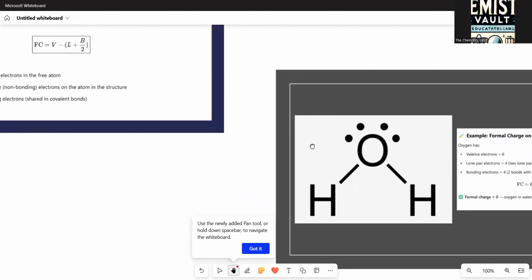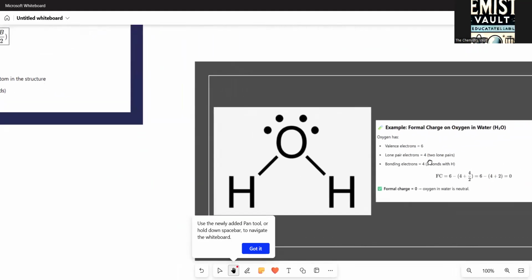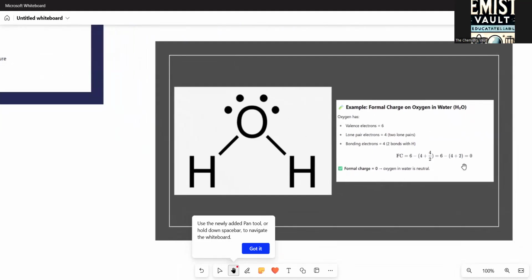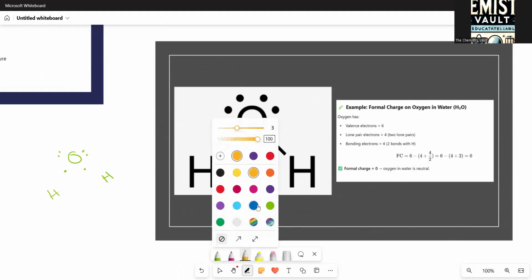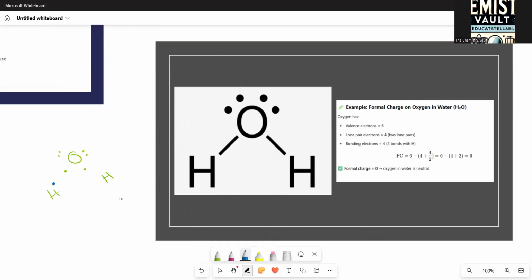So here we will calculate the formal charge on oxygen in the water molecule. We can see that oxygen has two lone pairs and two electrons which are involved in the covalent bonds. There are two hydrogen atoms bonded with oxygen, and these are the valence electrons of hydrogen.